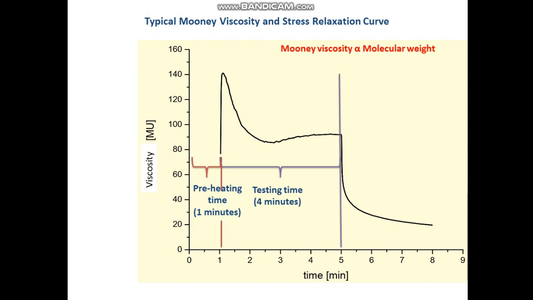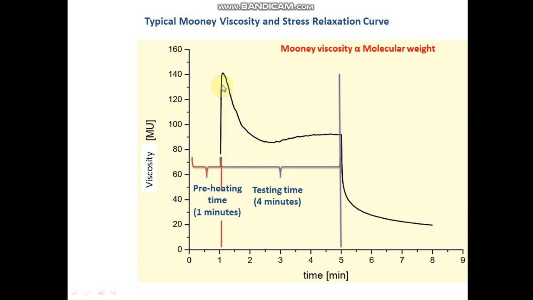Then what is testing time? At the first minute, our sample has heated up to 100 Celsius during this preheating time. Now the rotor will start to rotate at 2 rpm constant rotational speed. At the beginning, our rubber sample has high molecular weight, meaning it should give high Mooney viscosity.